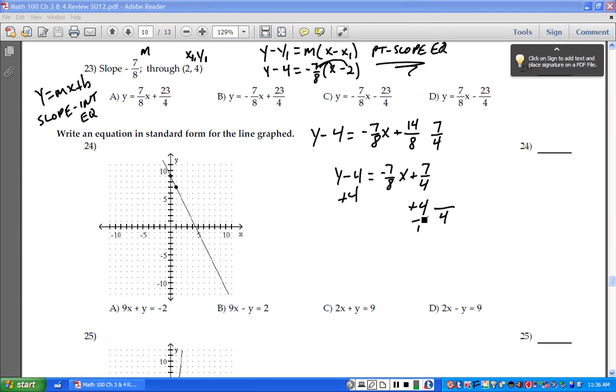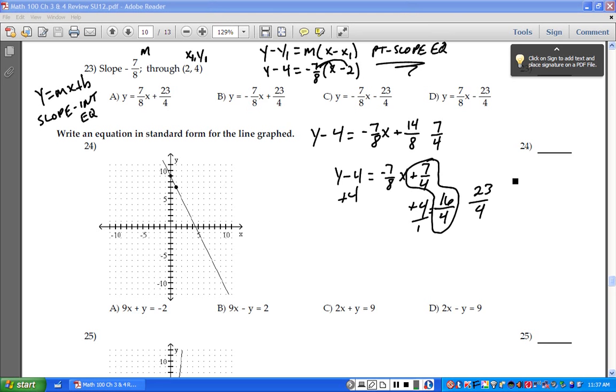Right now it's like saying 4 over 1. I need it to be something over 4 so I can combine it with this 7 over 4. So 4 over 1 becomes 16 over 4. Now I can combine these. 7 plus 16 gives me 23 over 4.